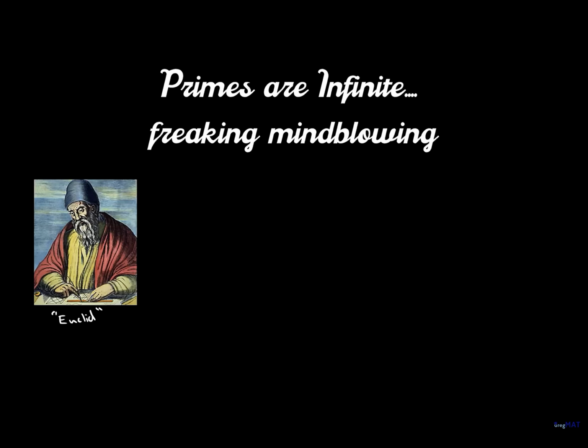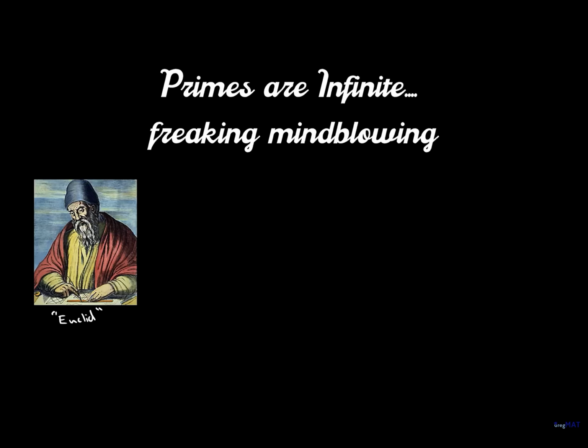And he proved beyond a shadow of a doubt that the primes go on forever. And I'm going to show you that proof right now. So those of you who are not familiar with mathematical proofs, don't be scared. It's a relatively simple proof, and it's freaking mind-blowing, okay?